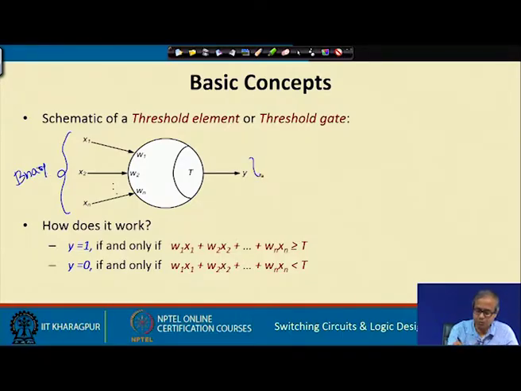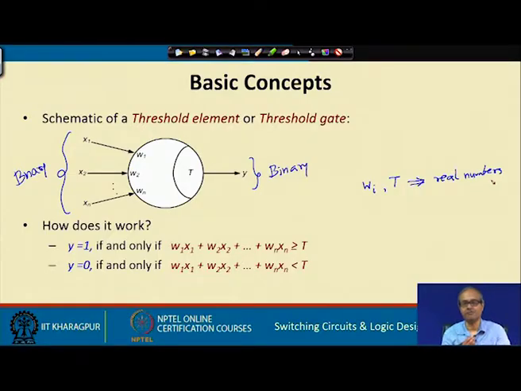The output y is also a binary output, but these weights w i and the threshold are not binary numbers, these are real numbers.